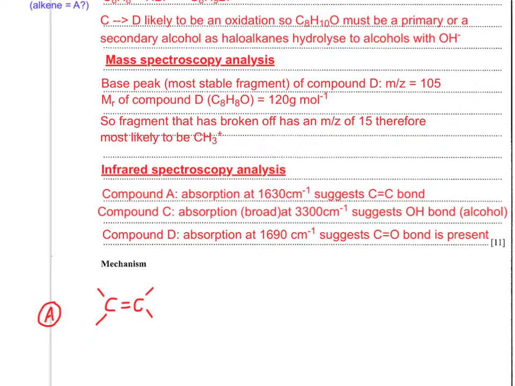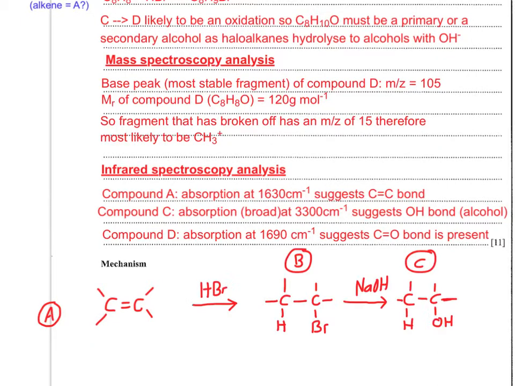So we know that A is an alkene, and we know that what happens is the alkene reacts with HBr to produce a halogenoalkane. So notice we don't actually know what any of the other atoms are yet. We just know that these particular changes are taking place. So looking at the number of carbons I've actually got to play with, I've got to use quite a few up, don't I?